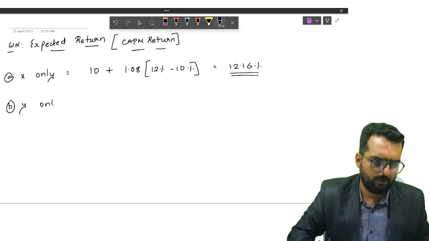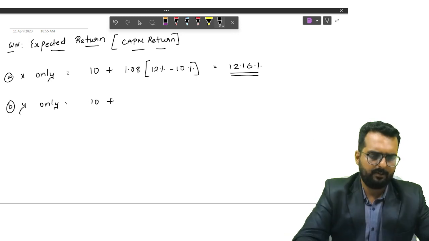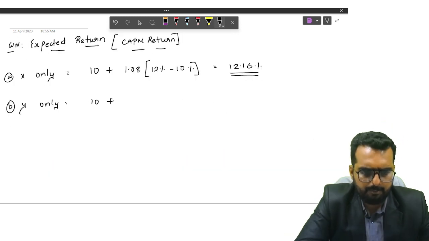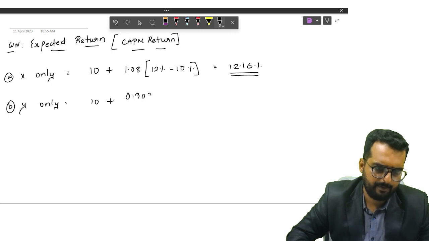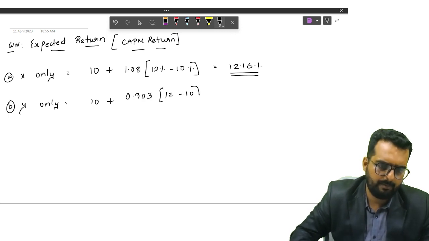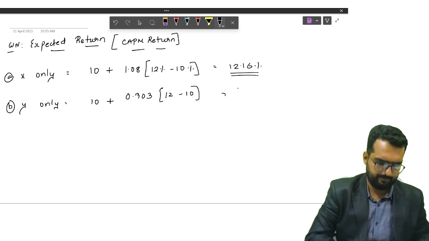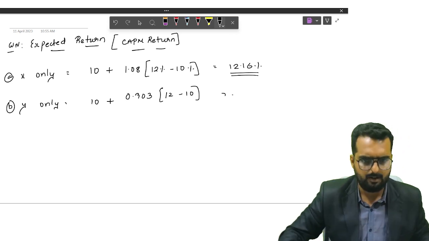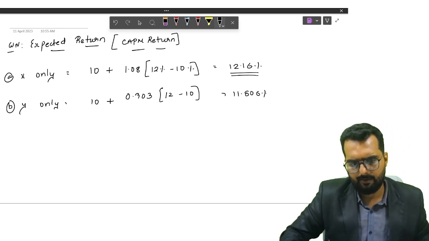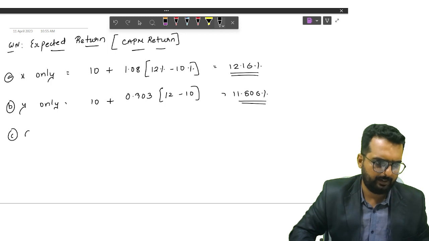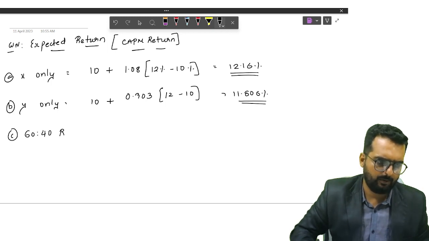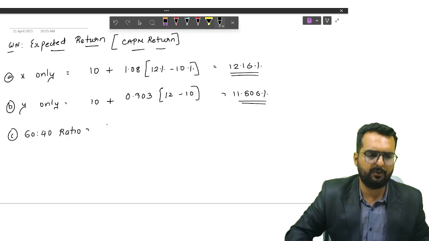12.16%. What about Y only? 10 plus, what is the beta for Y? 0.903 into 12 minus 10. 11.806%. Next one is going to be in the ratio of 60:40.